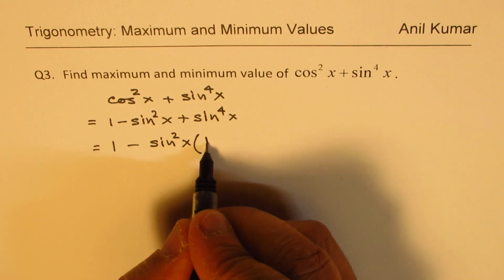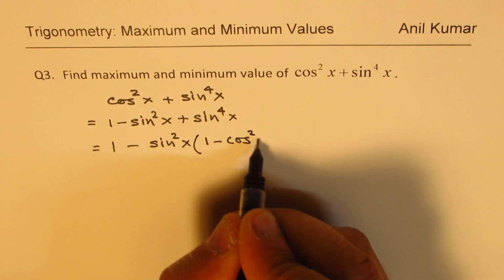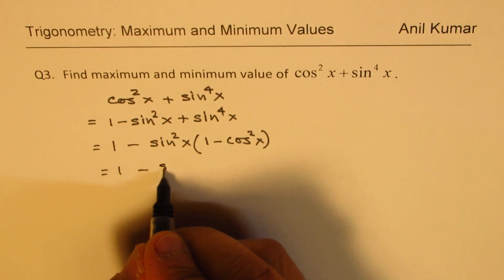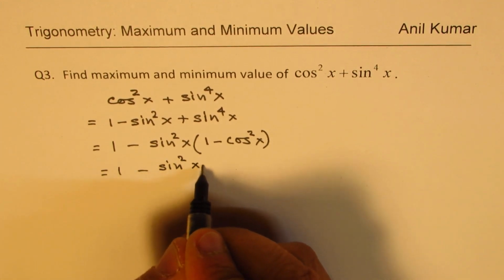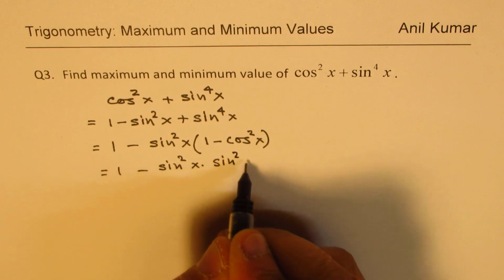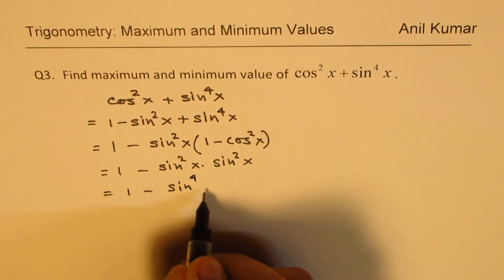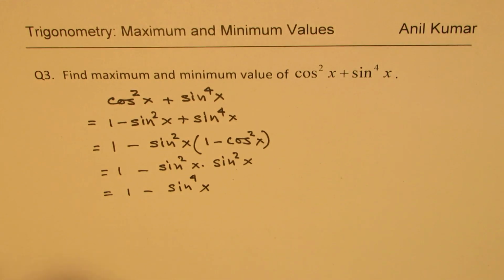So here I get 1 minus cos square x. Now that gives me sine square x, right? So it gives me sine square x times sine square x, which is 1 minus sine to the power of 4x. Correct?